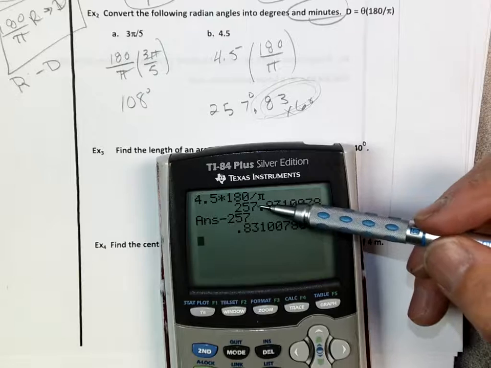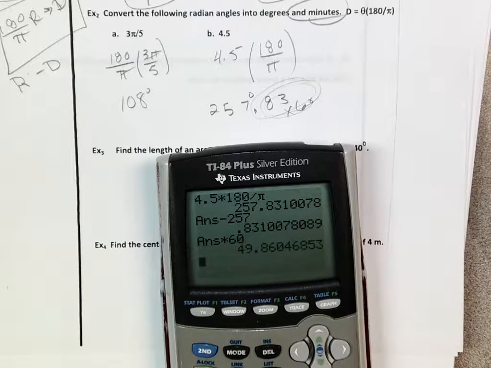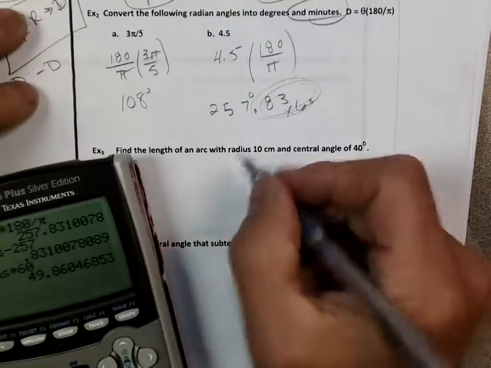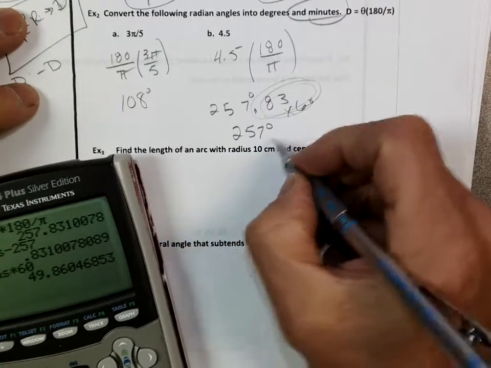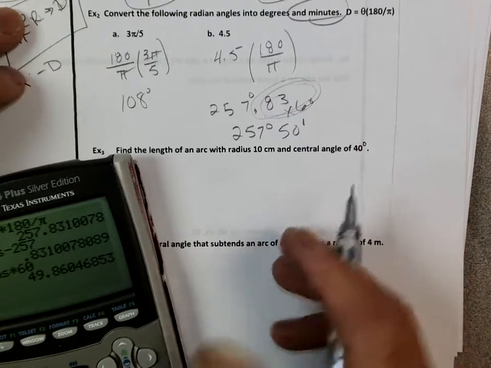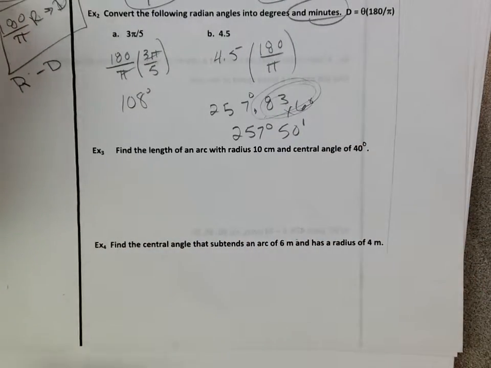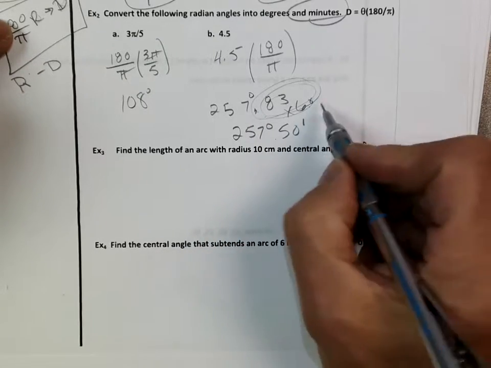So I got rid of the degree part, left the decimal, because then I can multiply that by 60 and get some pretty good accuracy, right? And if I round that up, it's about 50. So my answer would be about 257 degrees and about 50 minutes, okay? So I just converted my decimal into minutes by multiplying by 60, right?